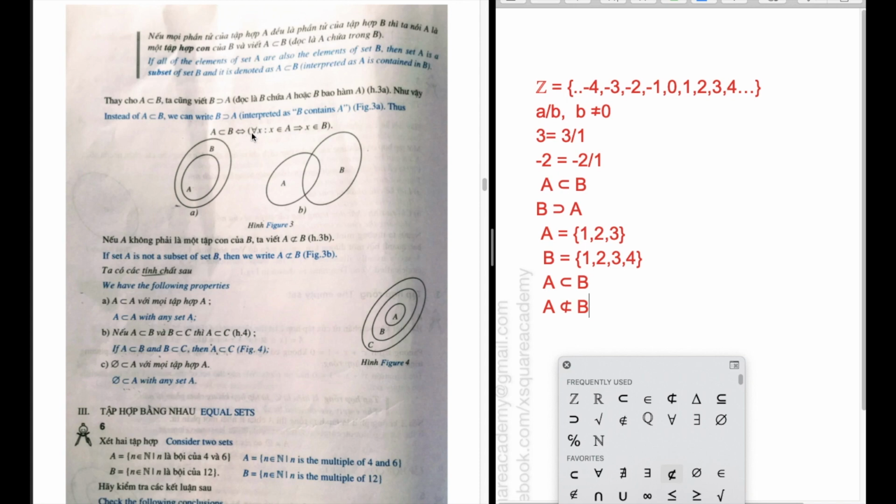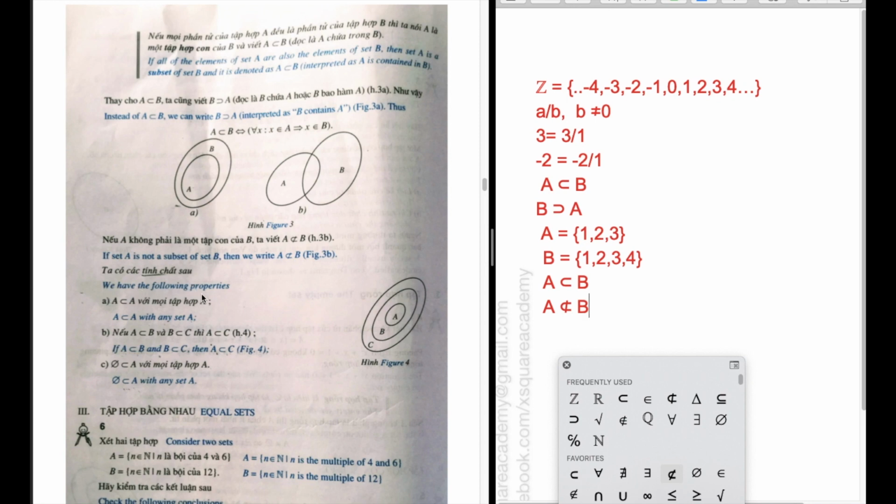It's simple. And we can read this notation: A is a subset of B is equivalent to: for any x that is an element of A, it infers x is an element of B.